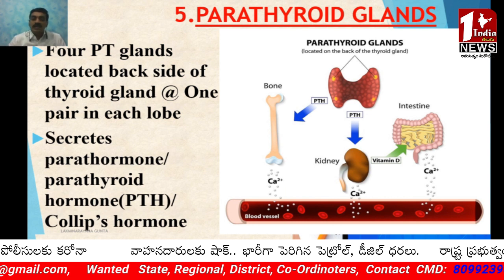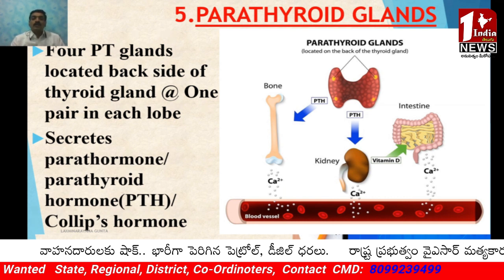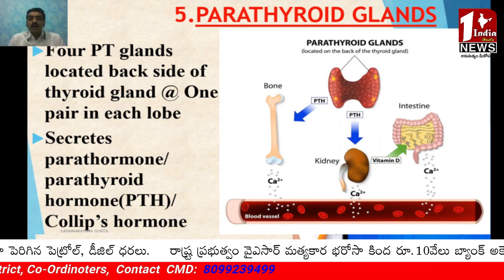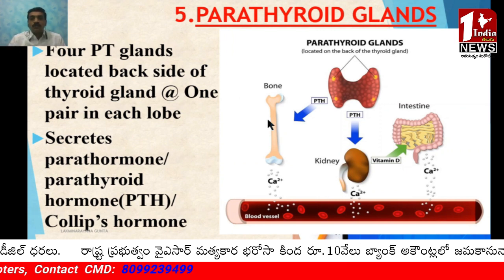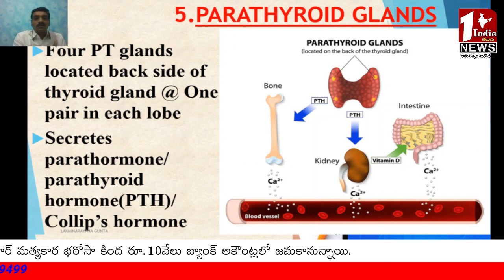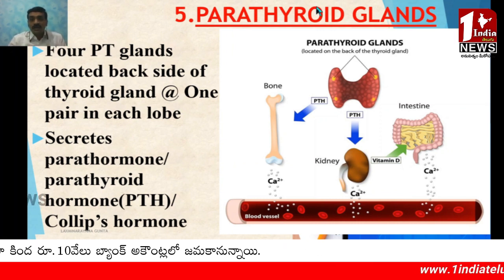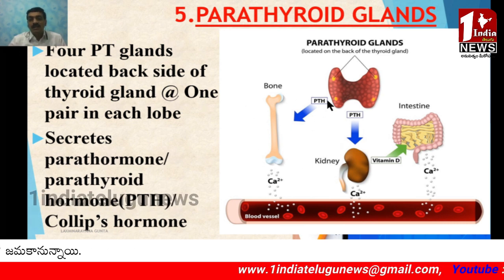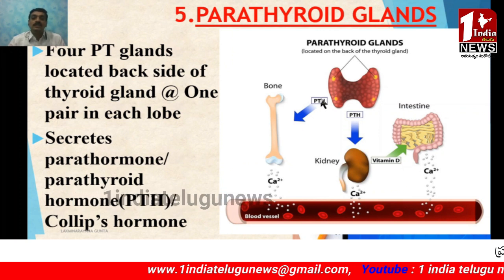They secrete a hormone called parathormone or parathyroid hormone or Collip's hormone. This parathormone, unlike calcitonin, acts antagonistic to calcitonin. Whenever the calcium levels in blood are decreased, this parathormone is released.